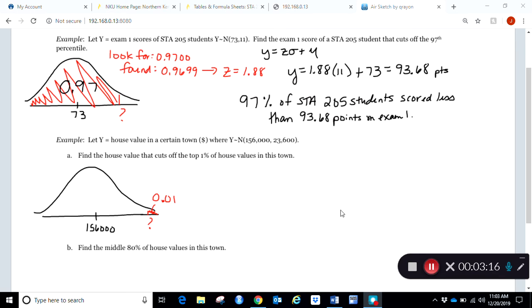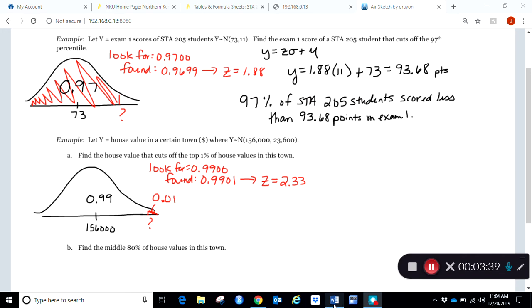Next, we want to figure out what number to go to the table with in order to find our z-score, and then find our z. So we should end up going to the table looking for 0.9900, because remember, the table always reads left. So how much is to the left of my question mark is actually 0.99, since there's 0.01 above it.